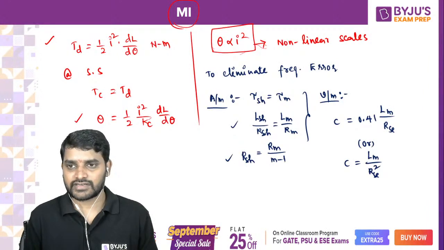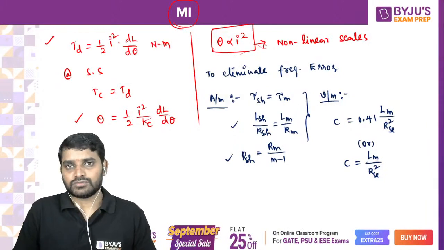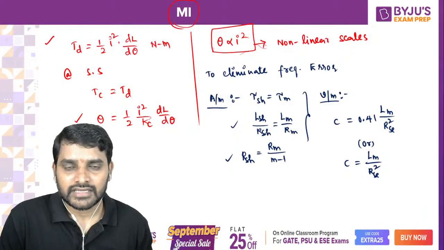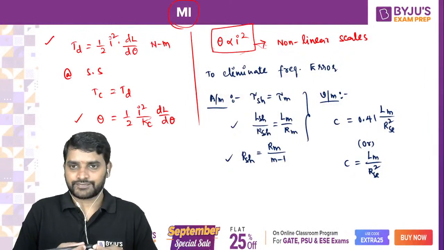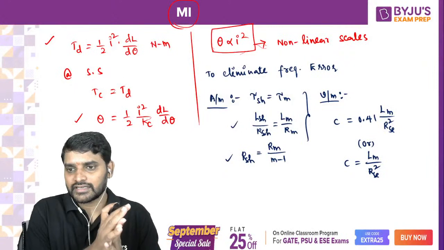I missed the square term here, I'm so sorry. Okay, so these are the formulas you need to remember when it comes to the MI instrument. All right, so let's move on.